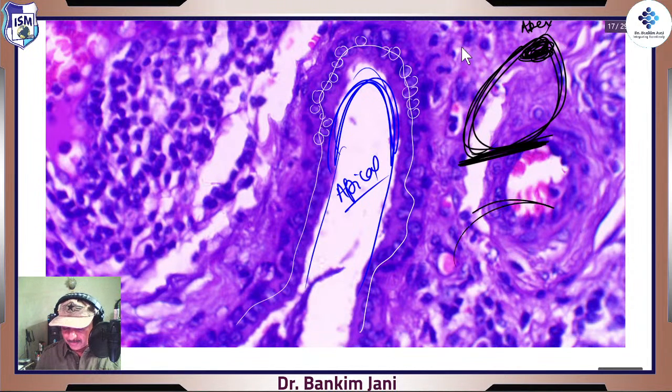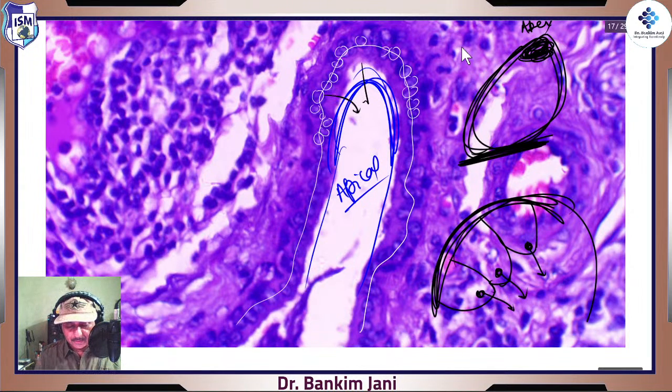Let's say this is the basement membrane and these are the cells. All of their apical areas are pointing towards that duct. So everyone will be secreting like this, into this space. That's how it occurs, and that is what is called the apical.